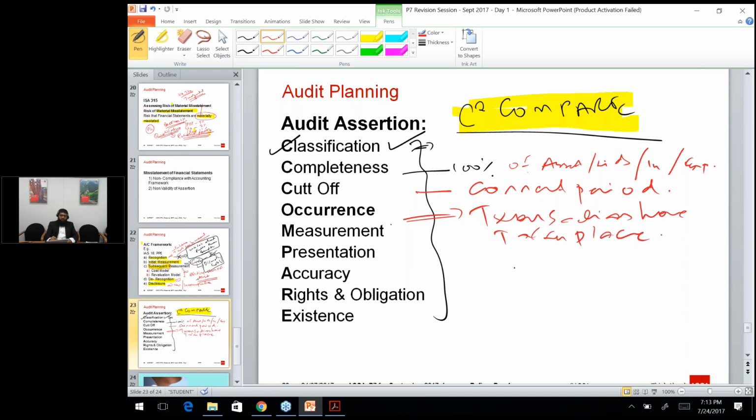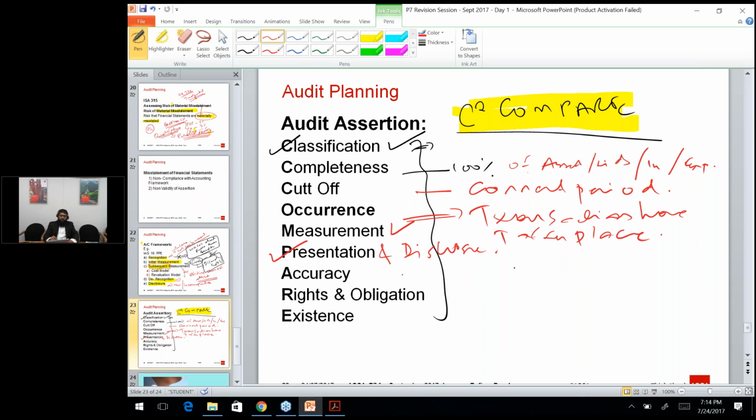The measurement assertion is that you've measured things correctly. The presentation is about presentation and disclosure, which means that you claim that you have presented the financial statements correctly, which could be the balance sheet or the income statement, and at the same time you have given appropriate disclosure in the notes to the financials.